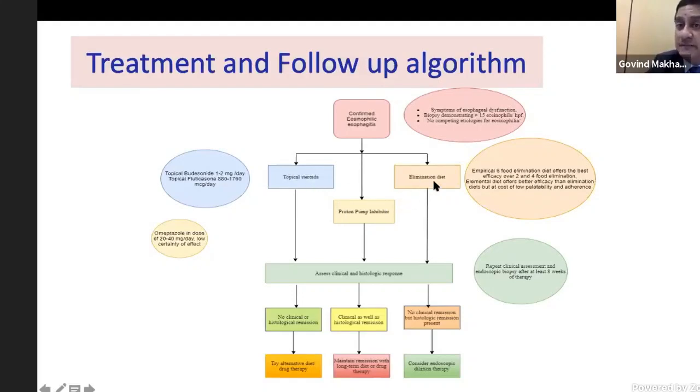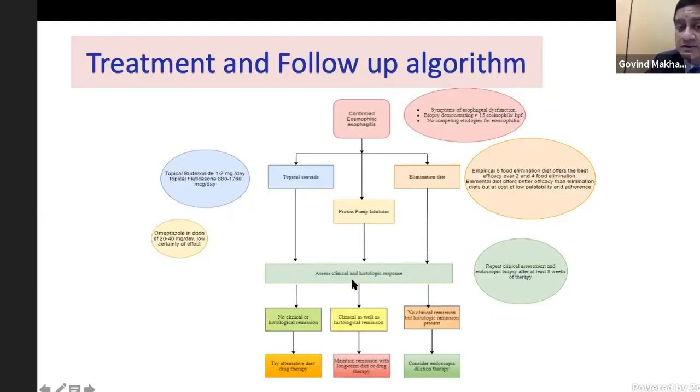One can choose any of these therapies. Elimination diet is a wonderful thing to do. The most effective is elemental diet, but it's hard to follow long term. We do 6-food or 4-food elimination and look for response. One can use proton pump inhibitors or topical steroids in these patients.